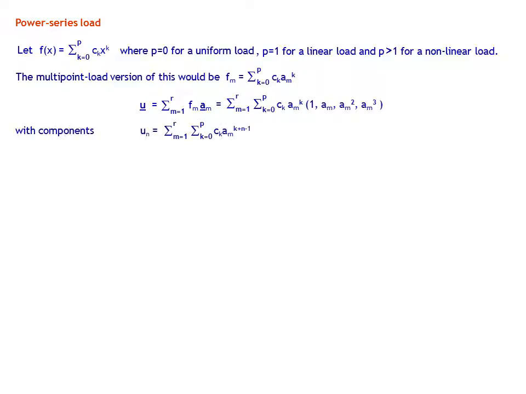The components can be seen to be equal to un is equal to the sum from m equals 1 to r, sum from k equals 0 to p of ck am to the power k plus n minus 1.